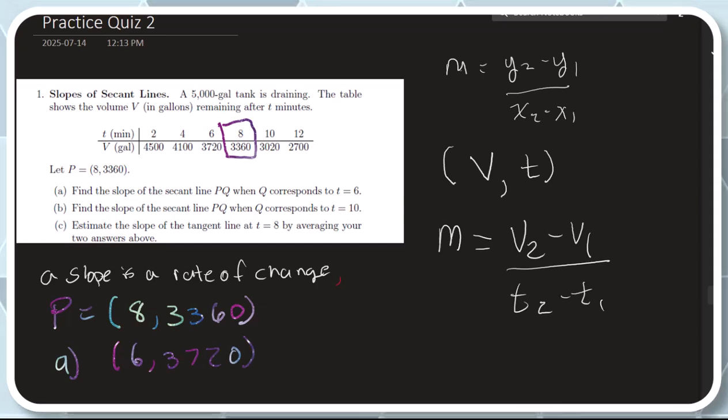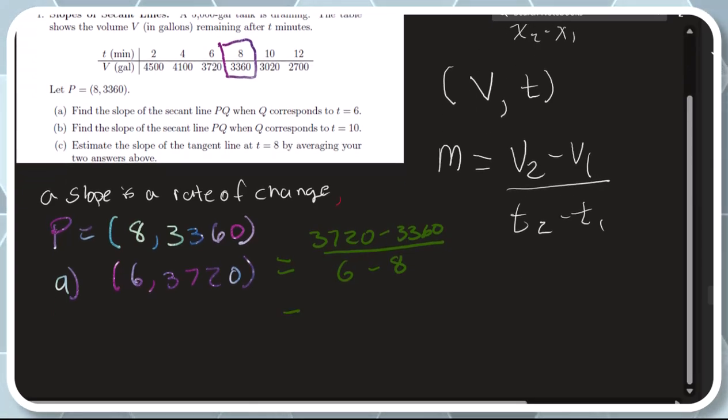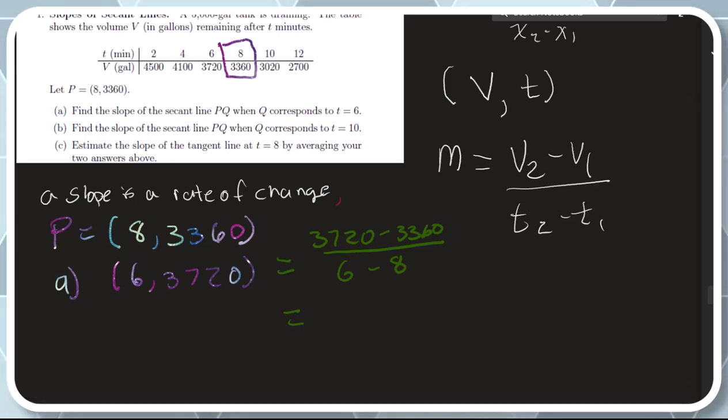We just find the slope in the usual way, and we would say 3720 minus 3360 over 6 minus 8 equals 360 over negative 2, or negative 180.